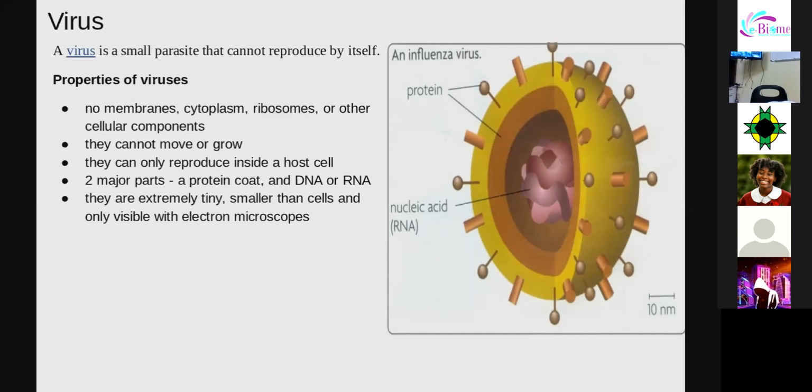Oh, very good. So two major parts of the virus are the protein code, the DNA and the RNA, because it has to use DNA or RNA to actually hijack the host cells. Viruses are extremely tiny, they're smaller than cells, and they're only visible with electron microscopes.